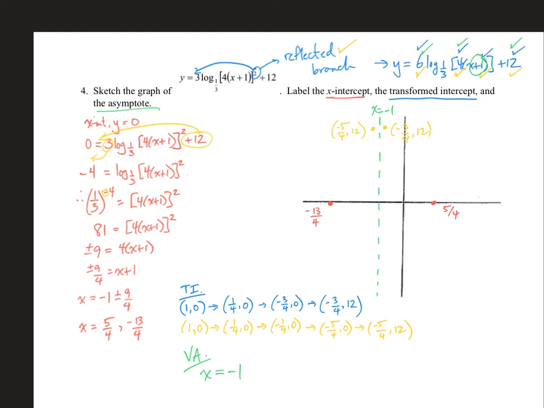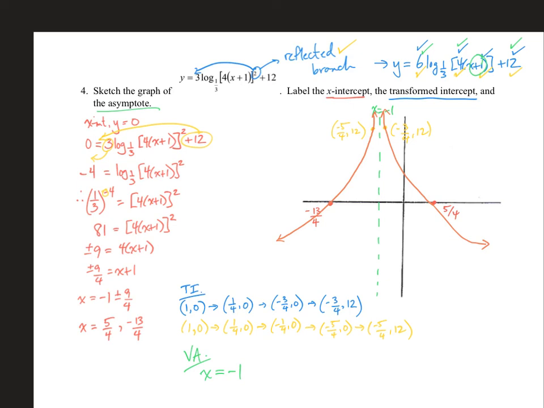Well, I think I can see how I'm going to put all those points and approach my asymptote together. The way I can do it is to come up and connect and extend, to come up, connect, and extend. I got a little wobbly on that one, and there we go.